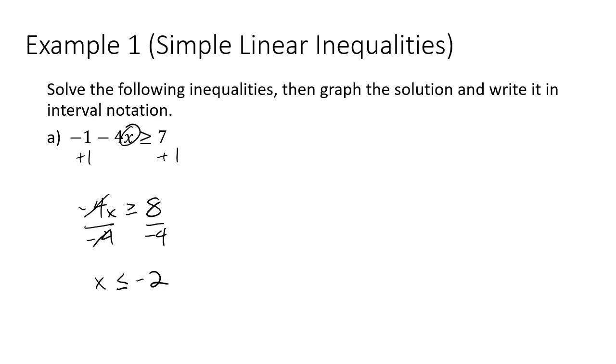Let me show you another way that you could solve the same inequality that would have avoided having to flip the thing in the middle. If I instead had added my 4x over to the right, and then subtracted 7 from both sides, we would have gotten -8 greater than or equal to 4x.